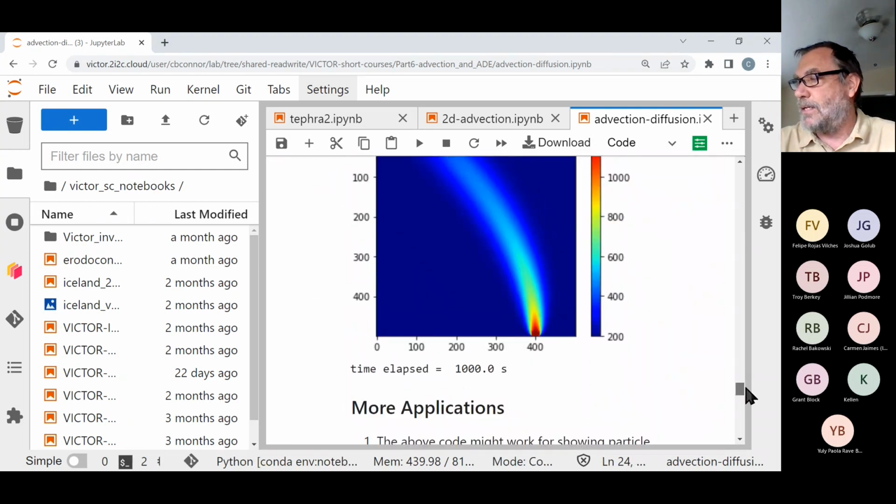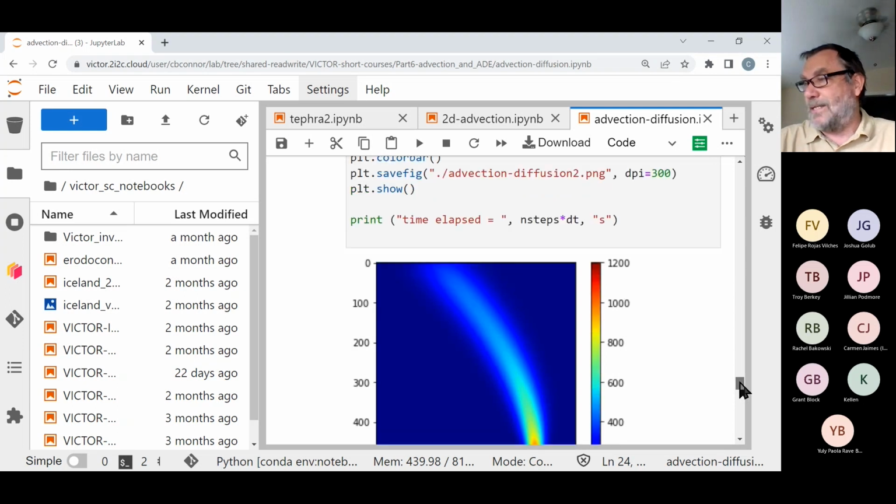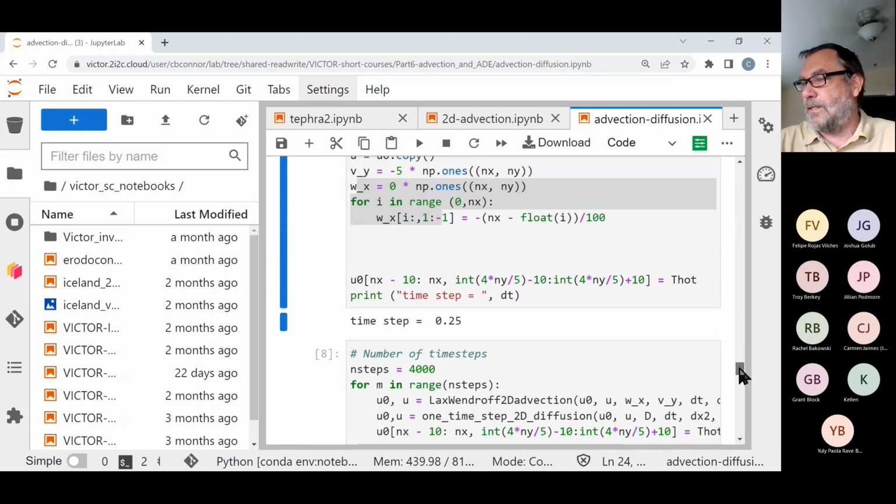So in other words, as I go down here, you can see in the output that the horizontal velocity close to the source is pretty small, so the plume is rising pretty much vertically. As I get higher and higher, I'm increasing the velocity in the x direction, so the plume is bending over more and more, right? It's a very simple tweak to this model to make it more interesting.